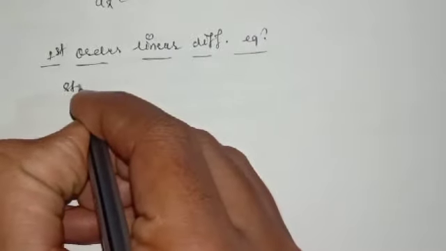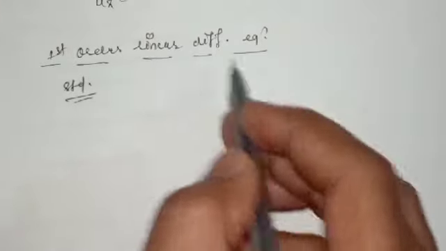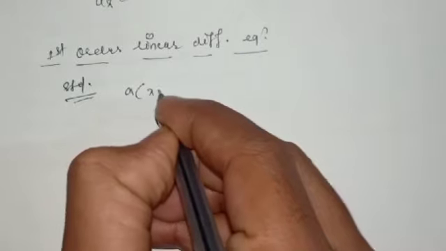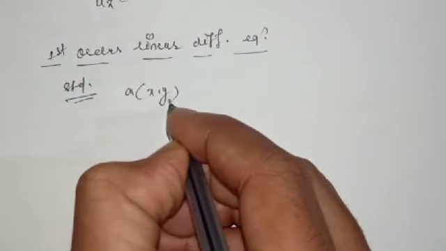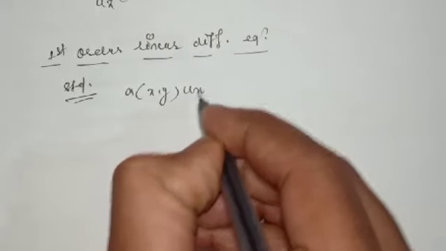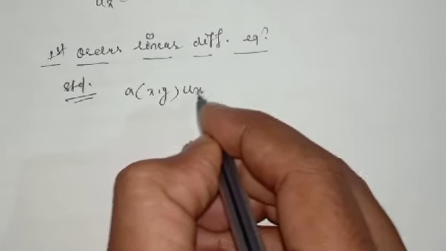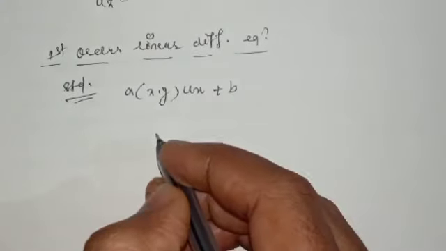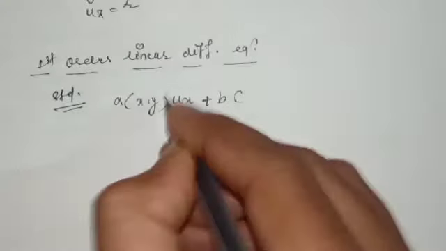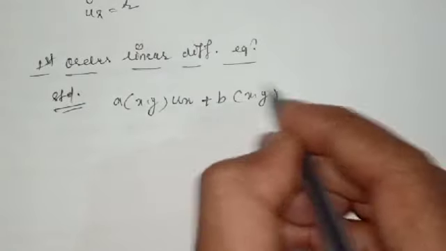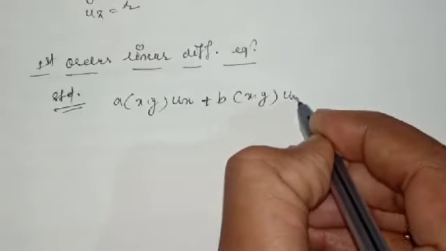The standard form of the first order linear differential equation can be written as a, a coefficient in x, y as variables. With respect to x we have ux, where u is the unknown function. Next, b is another coefficient in the same variables x and y, and with respect to y it will be uy.